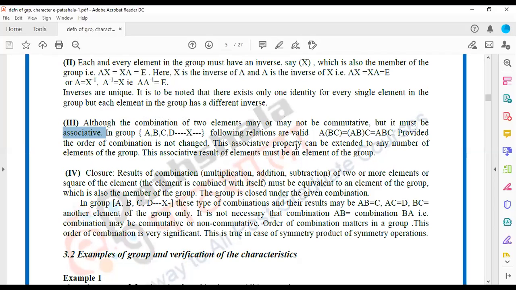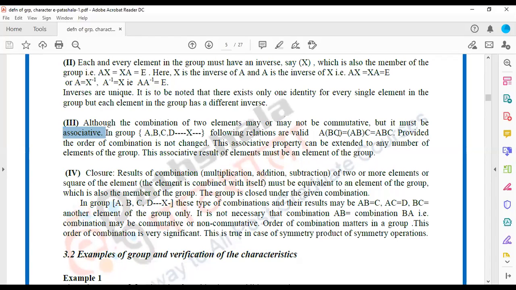If I do any association, that is, I do B and C first and then A multiplication, or if I do A and B first and then C multiplication, or A into B into C, everything should be the same. Whichever way I combine, I should not change the order or reverse it, like C into B, B into A. I should follow the same rule, but the way I am associating can be different.